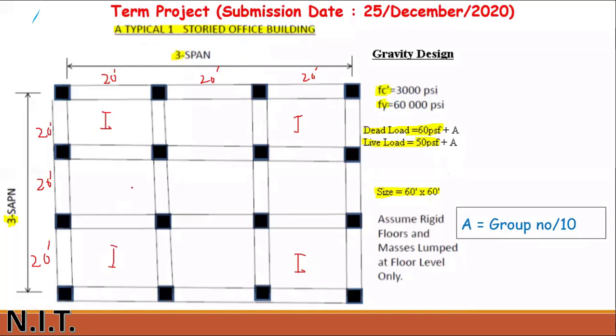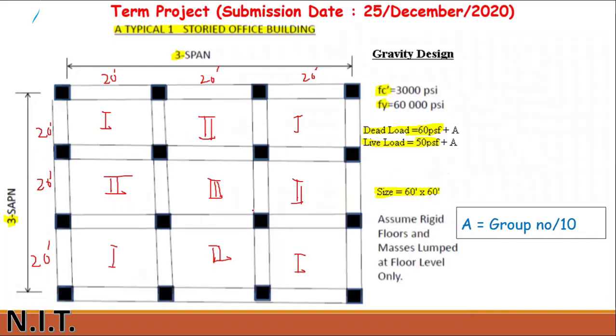When you come to my next class, I will check your slab design. This is panel 2, this is panel 2, this is panel 2, and this is panel 2. These panels are equal, and this will be panel 3. Clear? You have to design all these panels.